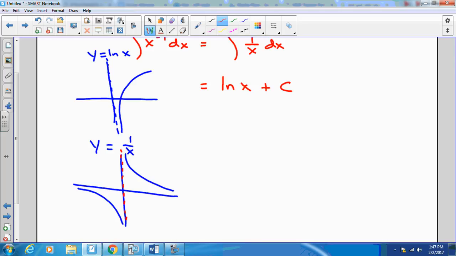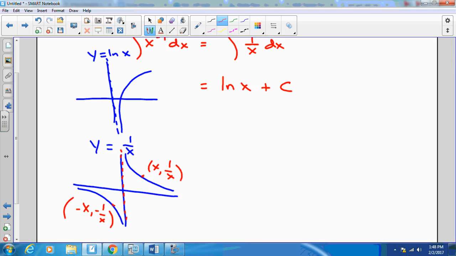Huh. Interesting. Well, clearly, at least if possible, I need to be able to find a function whose derivative is 1 over x when x is less than 0. And I observe that this function is symmetric about the origin. So if this is the graph of 1 over x, then we have symmetry about the origin, like so.